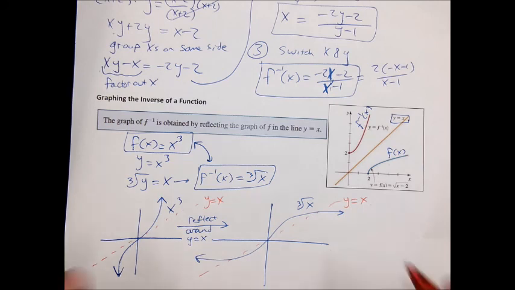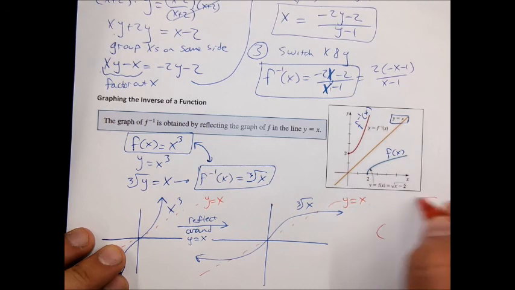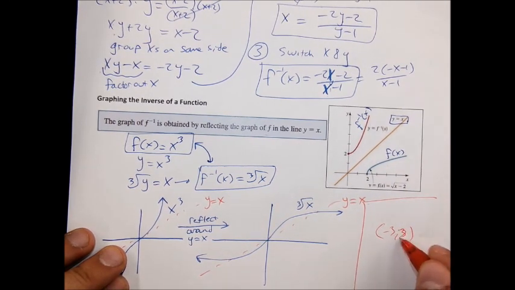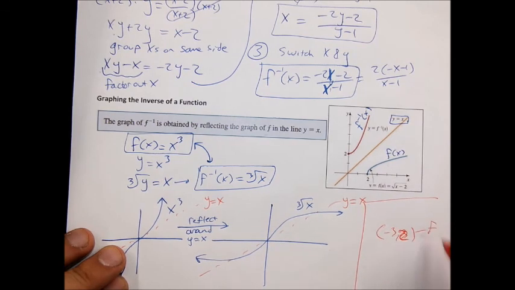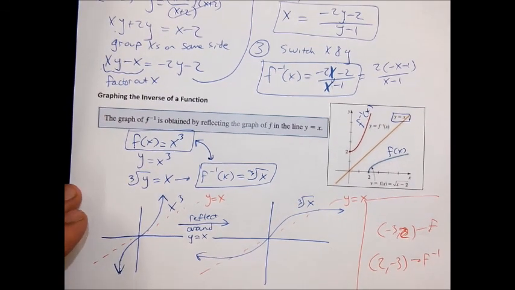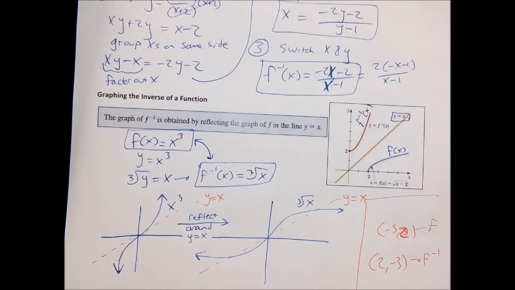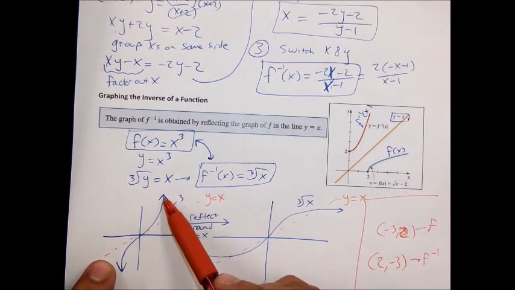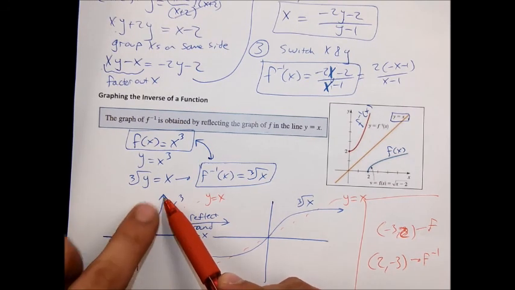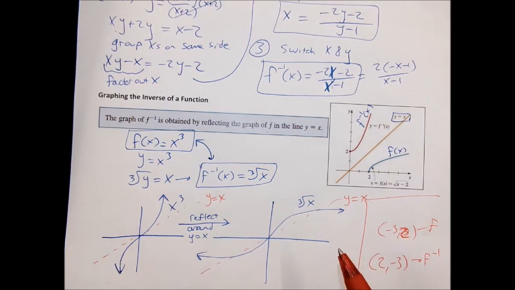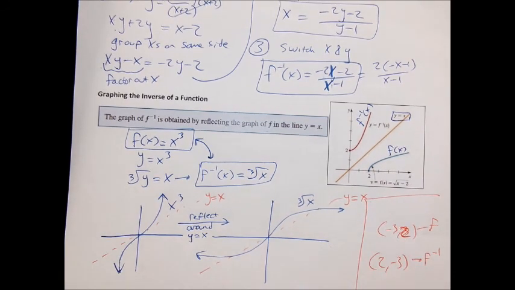This is just an aside: if we had the points -3, 2, sorry, that's supposed to be 2, on our graph for f, then the point 2, -3 would be on our graph for f inverse. Absolutely. Yep. And that's what's going on with all these points. If we flipped whatever that point is around, it would be that point. And vice versa, right? So we can just flip all the points, and that's how we end up doing that.